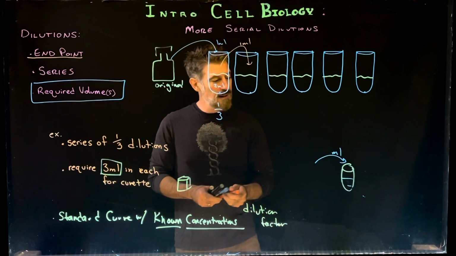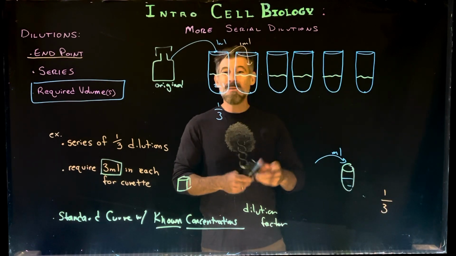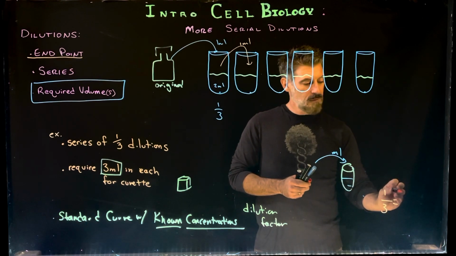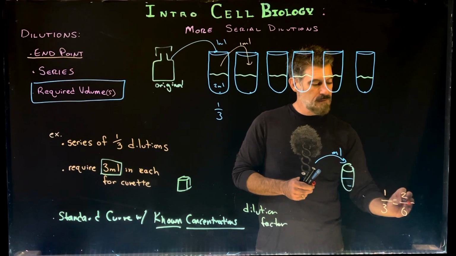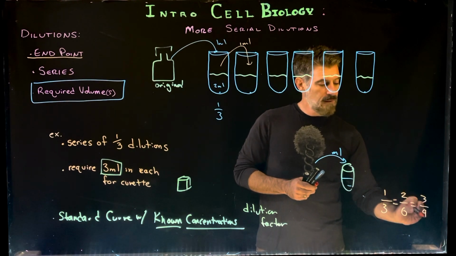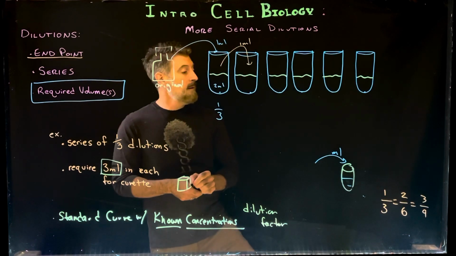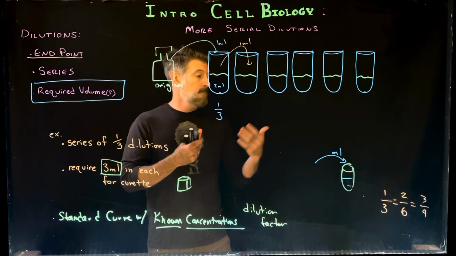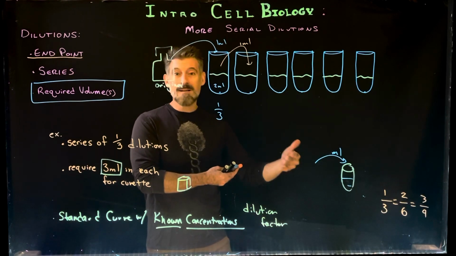So what else can I do to get a 1 to 3 dilution? We have to find out, what is the same as 1 to 3? So we have 2 over 6, right? 3 over 9. Those are all 1 to 3, but in this particular case we're actually going to use these as volumes.